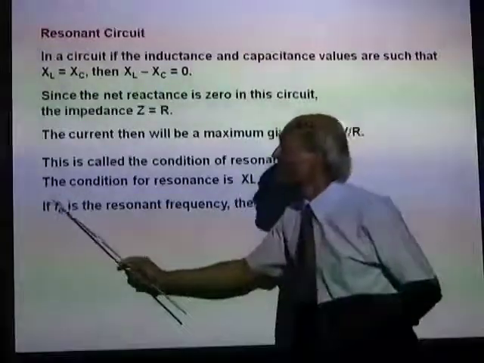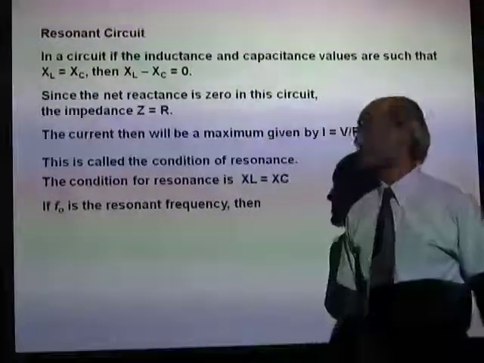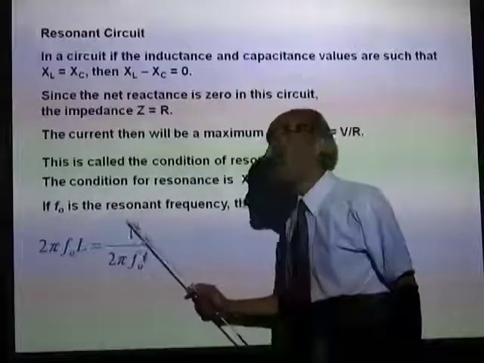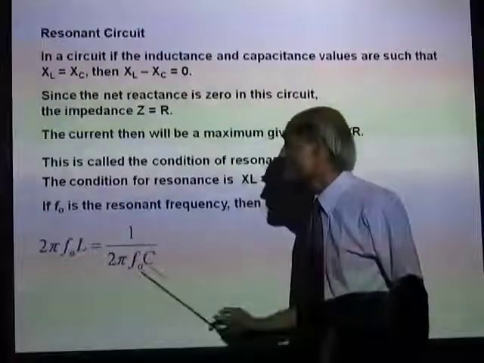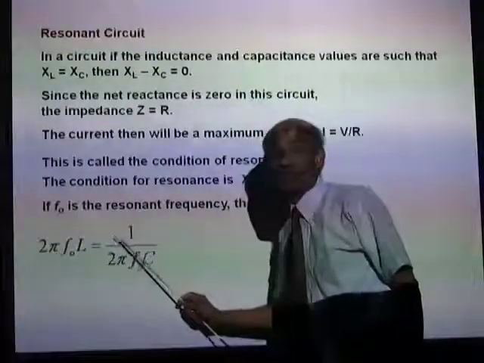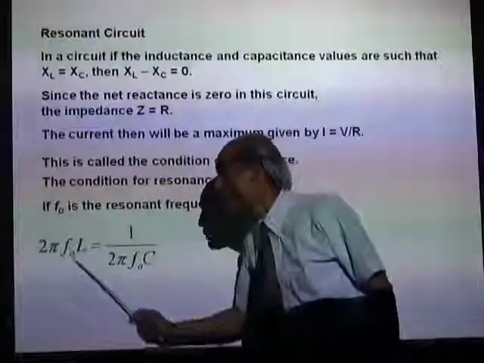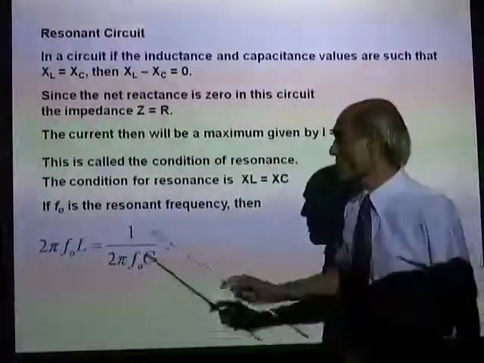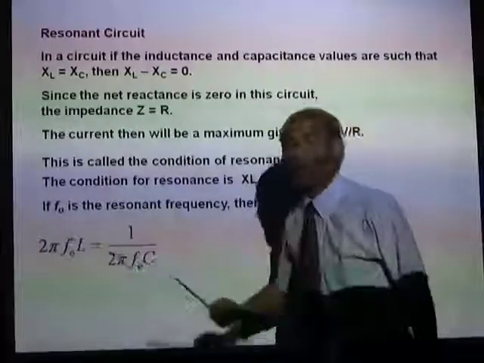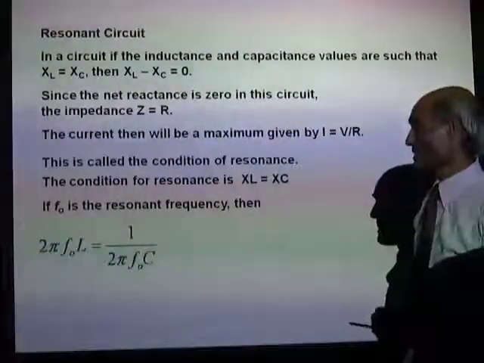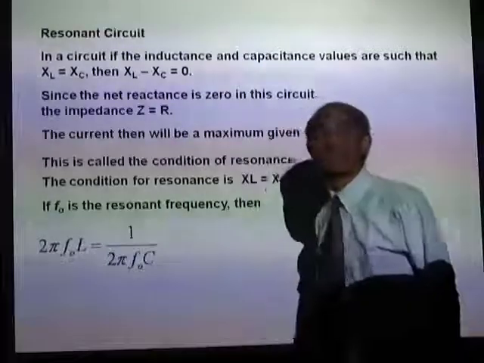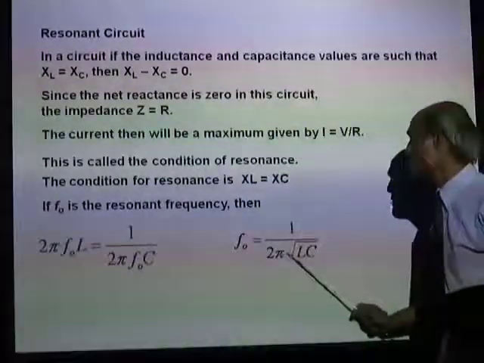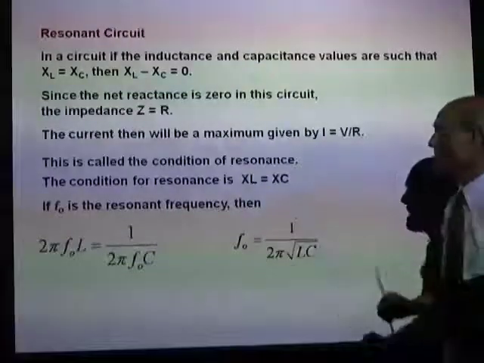So if F0 is the resonant frequency, then 2 pi F0 L will be equal to 1 over 2 pi F0 C. Now, when this happens, we call the frequency the resonant frequency, and we represent it by F0. Can you use this to solve for the resonant frequency? It's very simple. Cross multiply and solve for F0. F0 will be 1 over 2 pi square root of L times C.